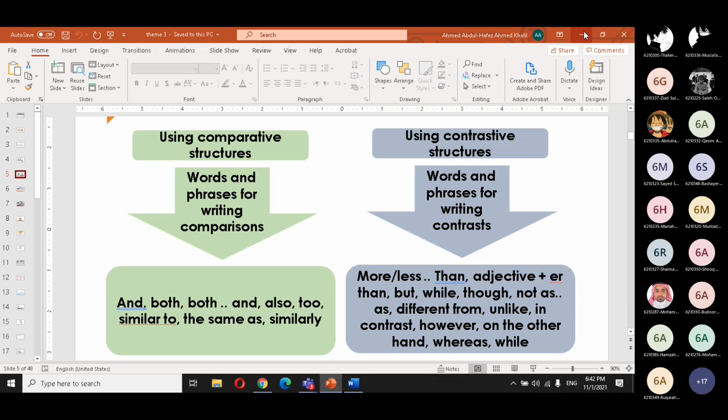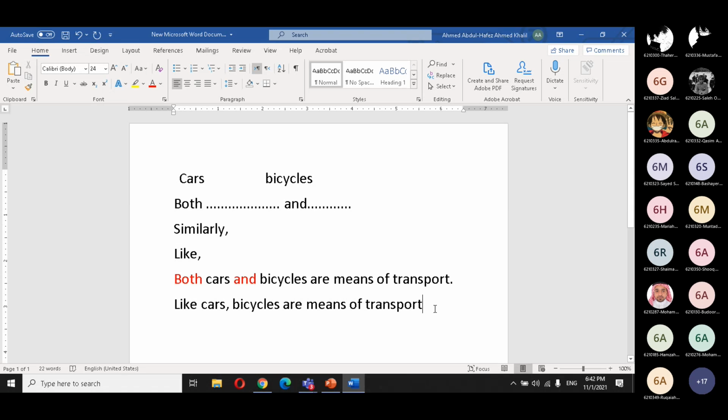For example, when we talk about iPhone and Samsung mobile phones, we can say that iPhone mobile phones are more expensive than Samsung mobile phones.